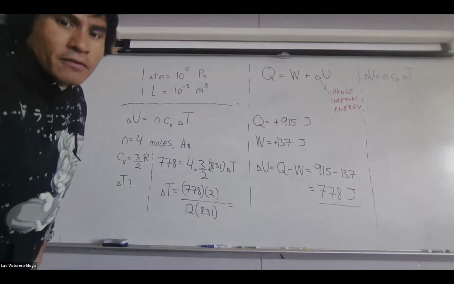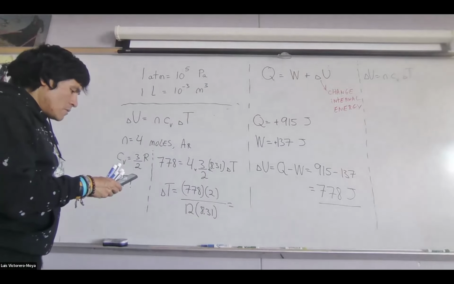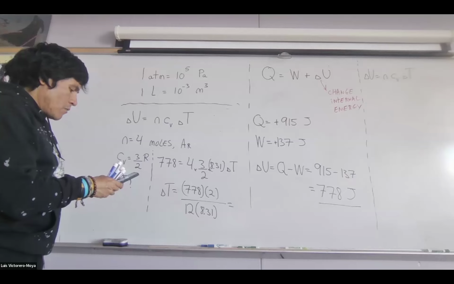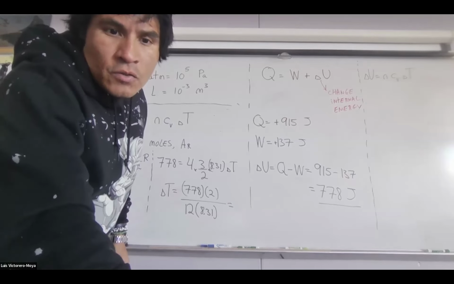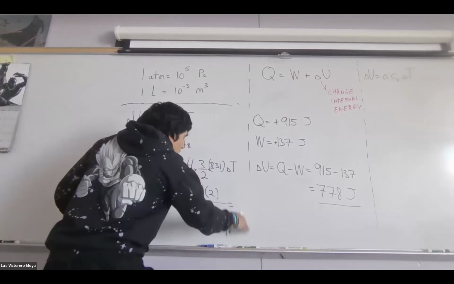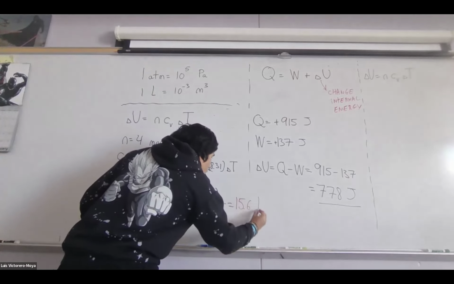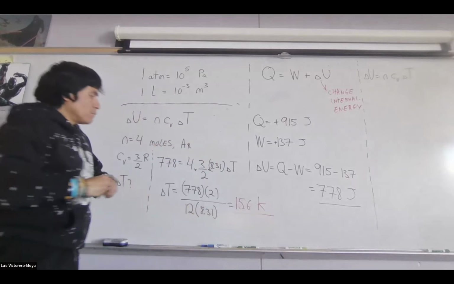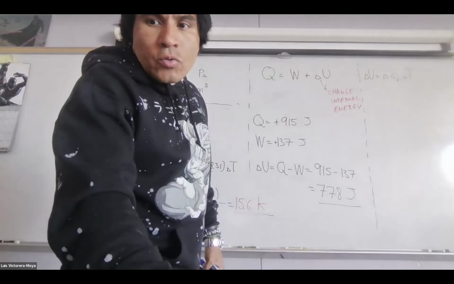And then we have to use the calculator. 778 times 2 divided by 8.31 divided by 12. That's 15.6 kelvins is your change in temperature. Okay. That is how you do that.